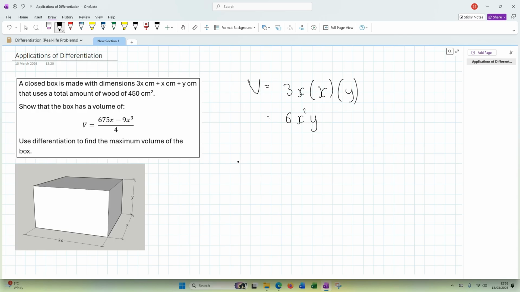So what is the formula for the surface area? Well, it's literally just the sum of all 6 sides.